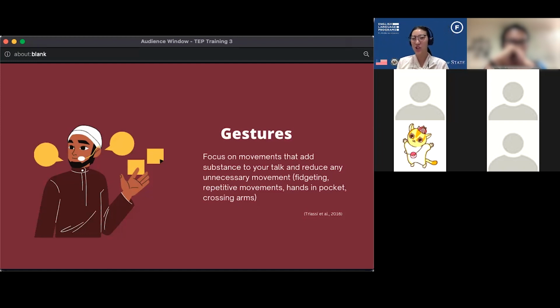Other ways to add gestures is if I am giving a list, I count off my fingers, right? So I have done that in this presentation already, right? Four nonverbal skills, four verbal skills. One thing to note, this is a little bit more about cross-cultural differences.